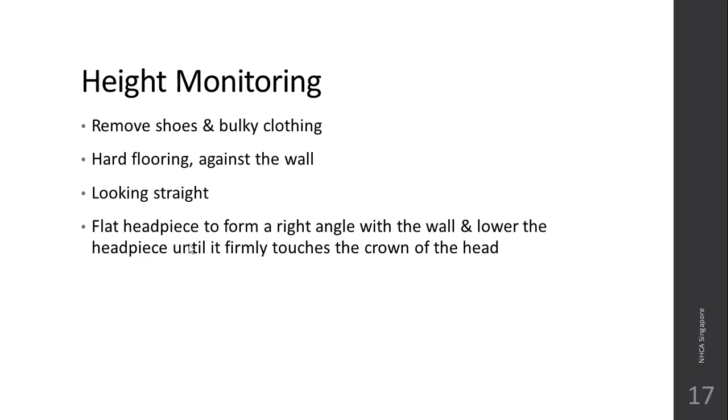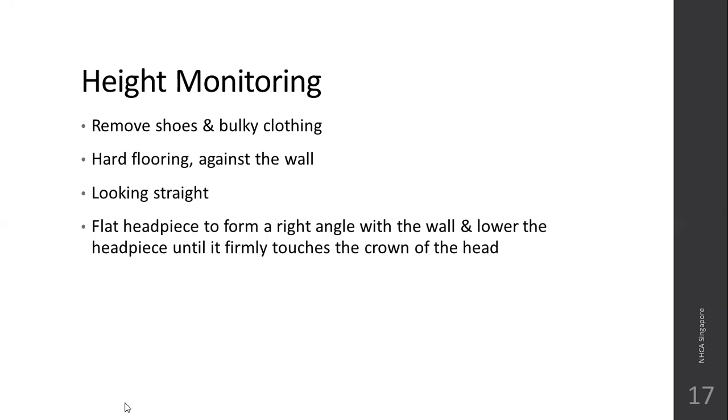The child has to stand looking straight. The chin should also be straight. Feet should be flat and together. Both feet should be together against the wall. And when you are measuring the topmost part of the height, a flat headpiece should be used, and the flat headpiece should form a right angle with the wall.